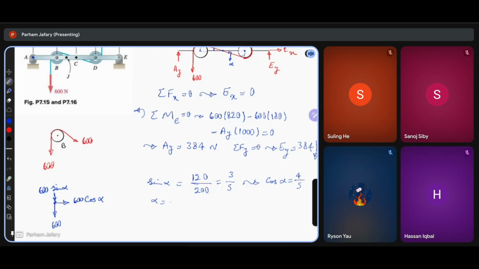And alpha itself is 36.87 degrees. Okay?